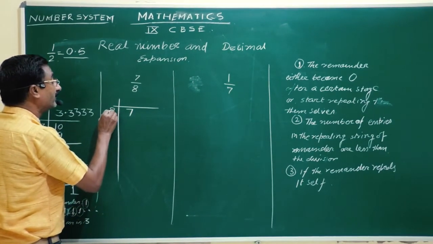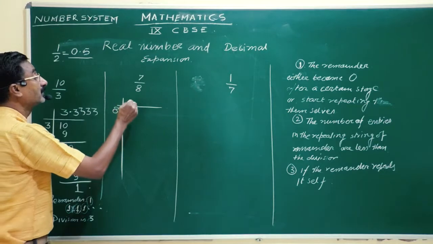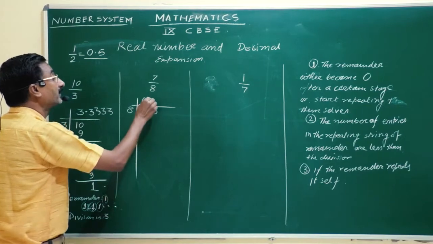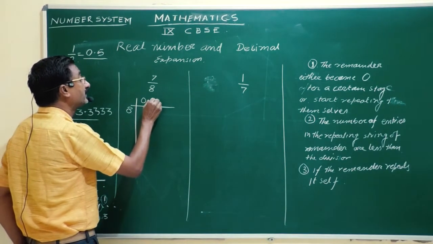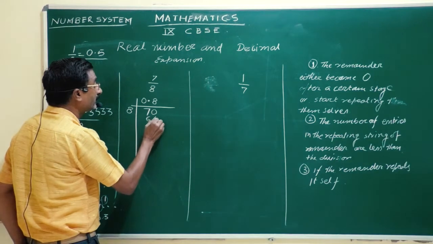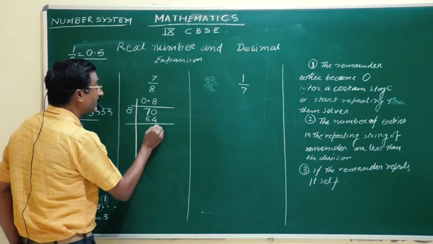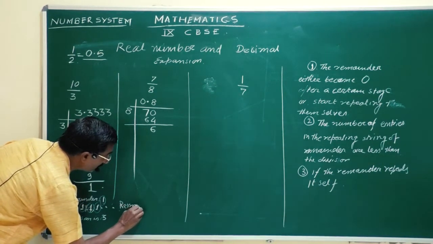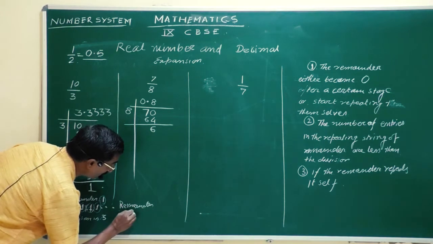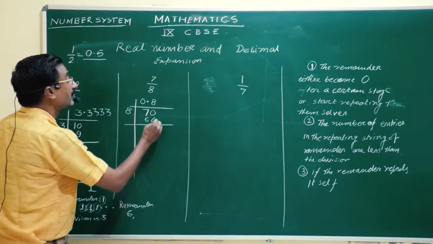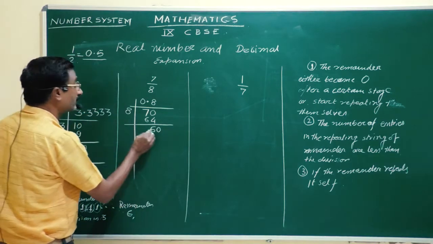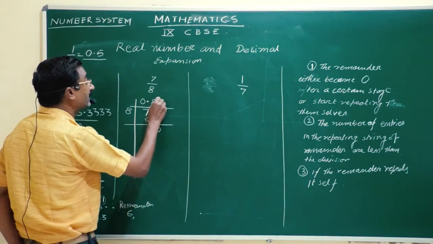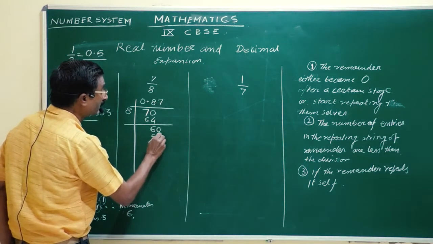Now, in the second case, we will see here 7 divided by 8, 8 is divisor, 0.8 is 64. Here remainder is 6. So I will write here one by one so that you can understand very clearly. The first remainder is 6. Again I will keep it here 0. 8 sevens are 56.